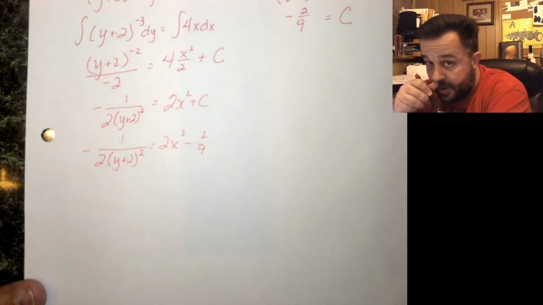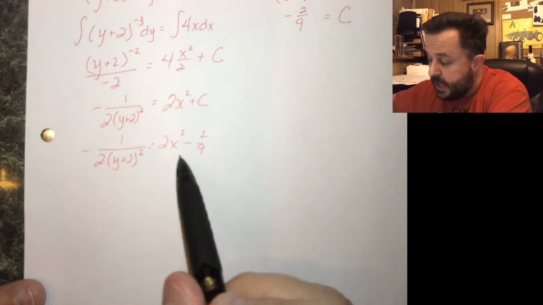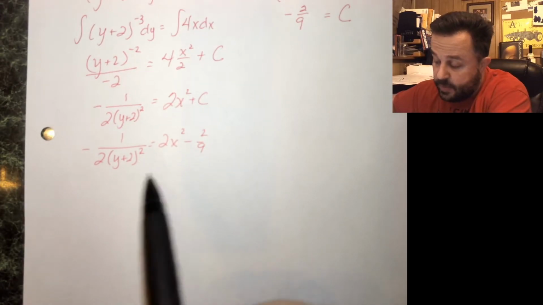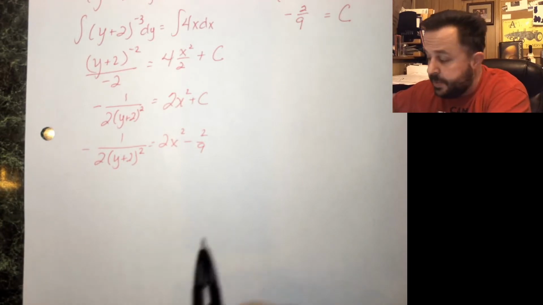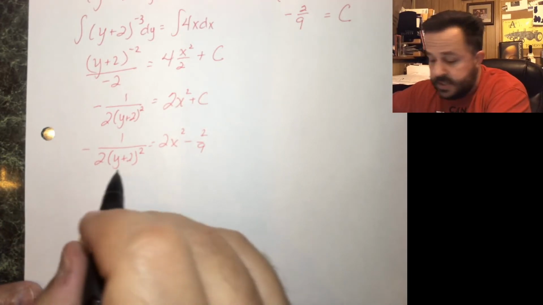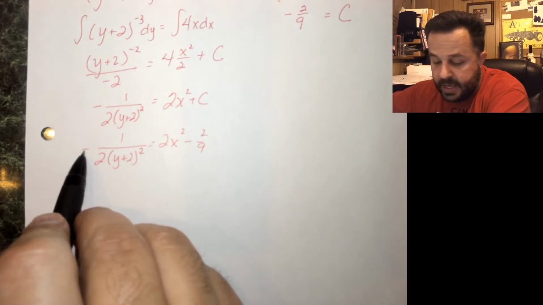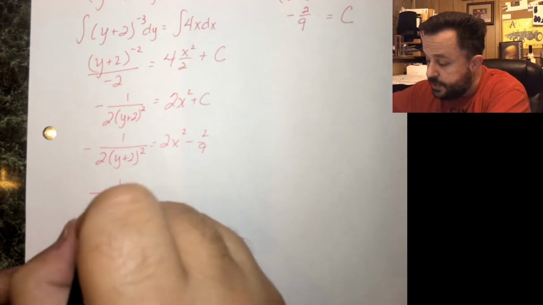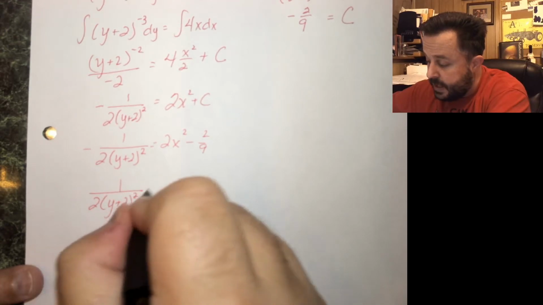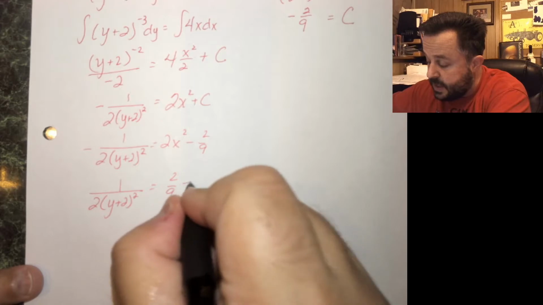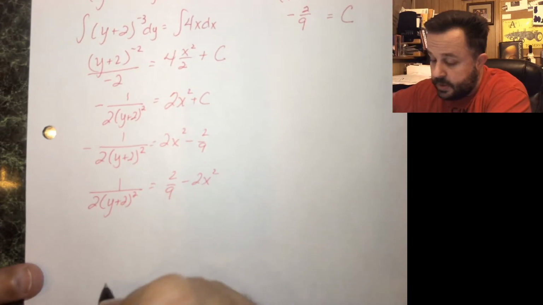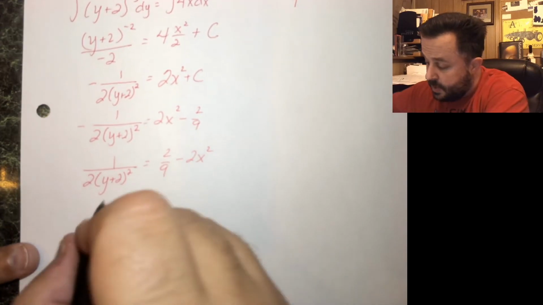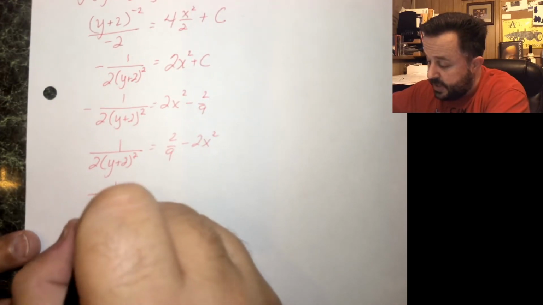Now, we did one problem earlier where we had a 1 over something, and we found it easier to put this together as a single fraction. Then we can just reciprocate both sides, flip both sides. Before I do that, I'm going to negate both sides. So I get a positive 1 over 2 (y + 2) squared equals 2/9 minus 2x squared. So we'll handle the right side.